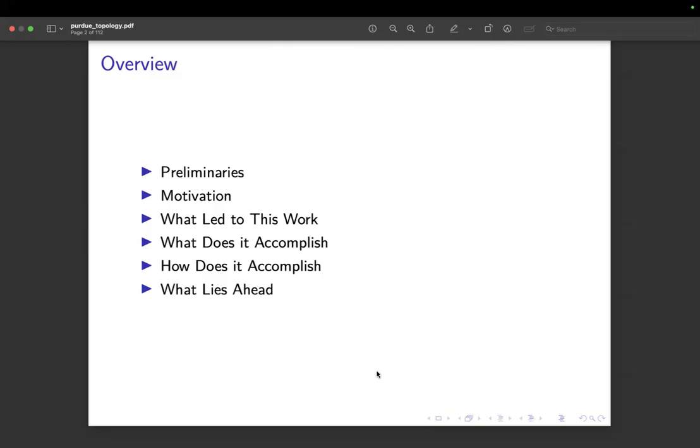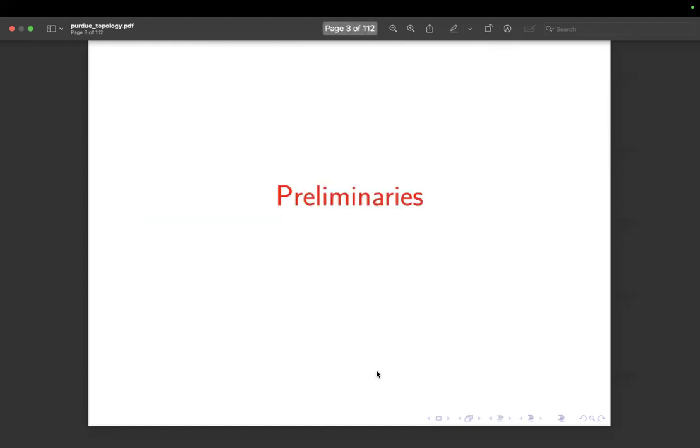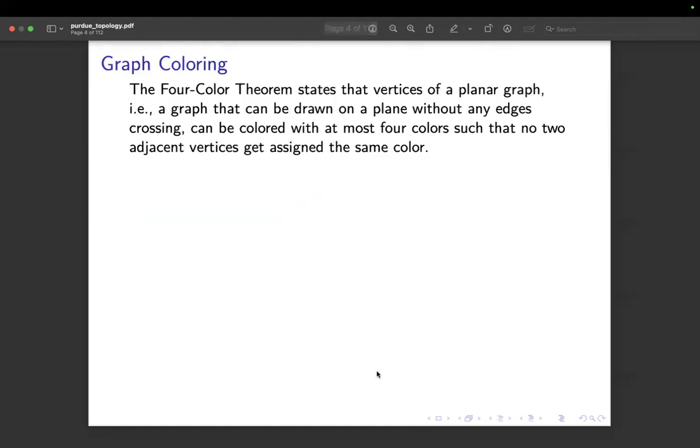It was a chance discovery that led me here, and then we will talk about the main results. What does it accomplish? And then the main tools, and I may have to fast forward when it comes to that, and then a few future directions. So let me begin.